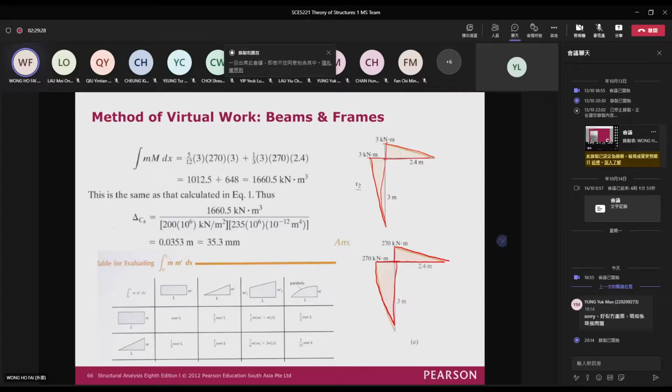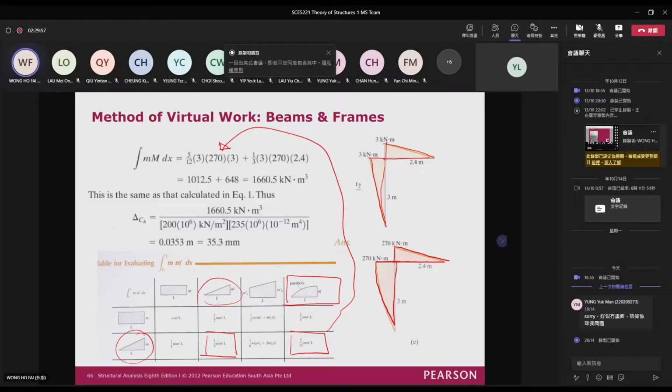Again, if you take a look at the integration table, triangle to triangle, you have this expression. Triangle to parabola, you have this expression. So you can see that this one equals this one.